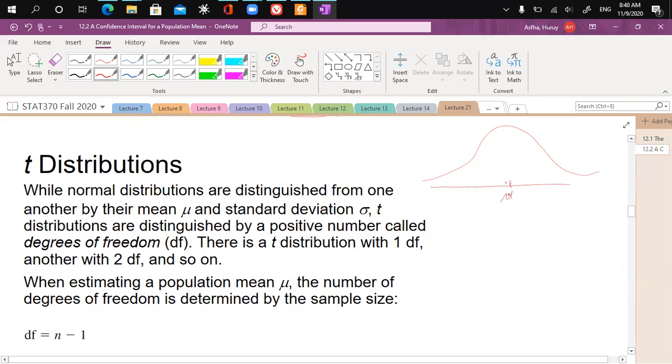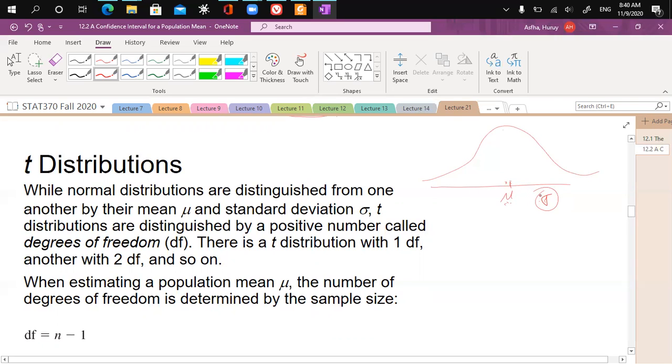The mean tells us the center of the curve, and the wideness or variability is represented by sigma. So to differentiate a normal curve, we use these two parameters.